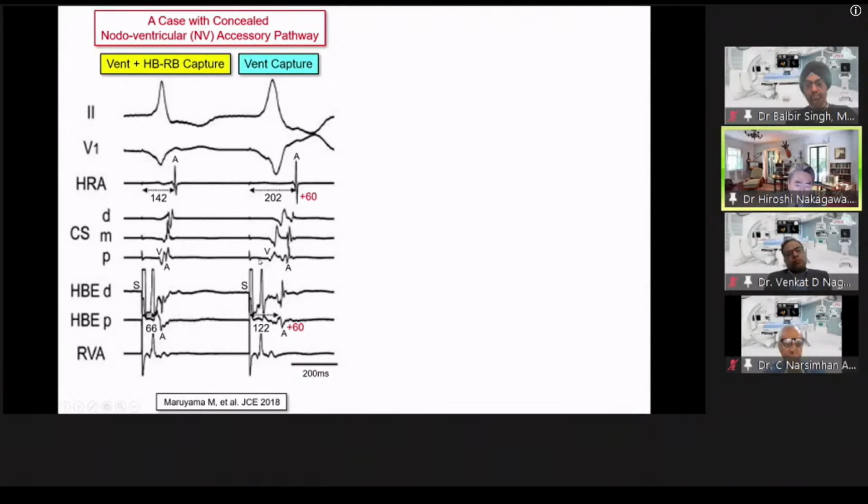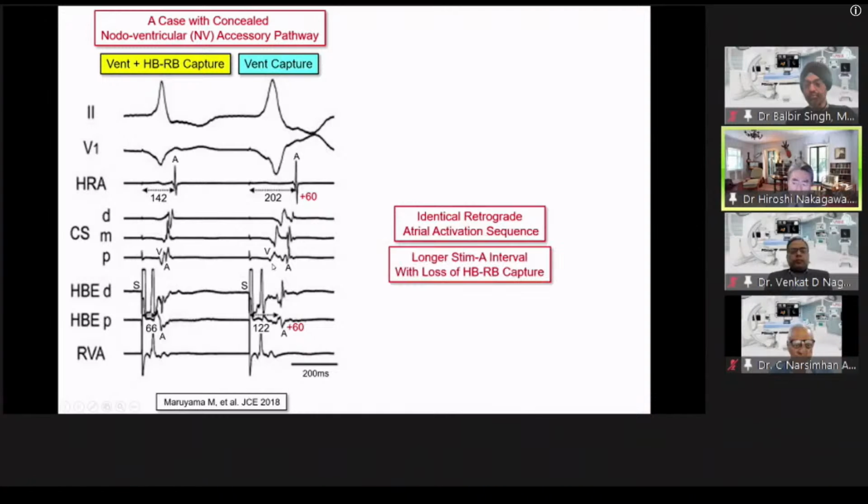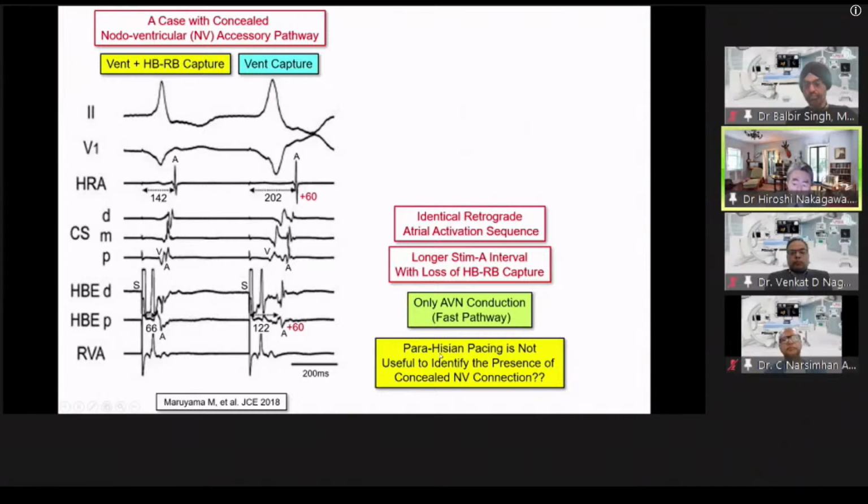Then if you lose the capture, the VA interval prolonged by 60 milliseconds, and also the high RA region. So this indicates parahisian pacing with an identical retrograde atrial activation sequence, but a longer stimulus-A interval with loss of His capture, indicating only AV nodal fast pathway conduction. Therefore, parahisian pacing is not useful to identify the presence of a concealed nodal ventricular connection.